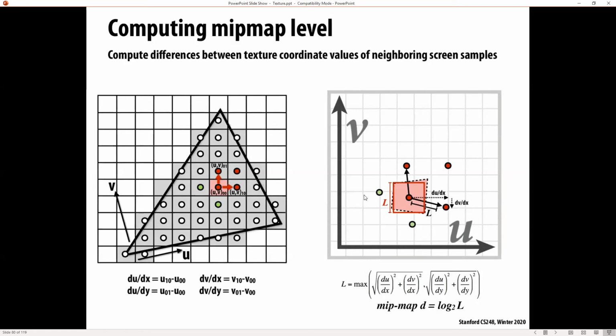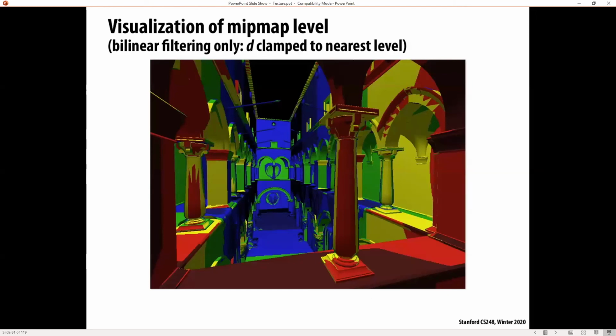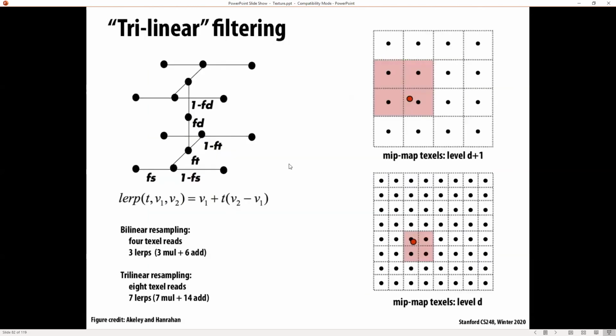And if the size starts to get bigger, then we're going to go down in levels of texture map in order to make it to be 1. So here's a visualization of what those different levels are. So these things up close are going to be at one level of the mip map, and these things in the back are going to be at a different level of the mip map.